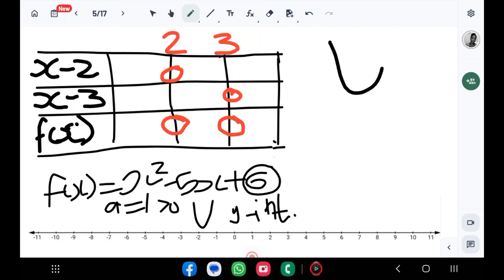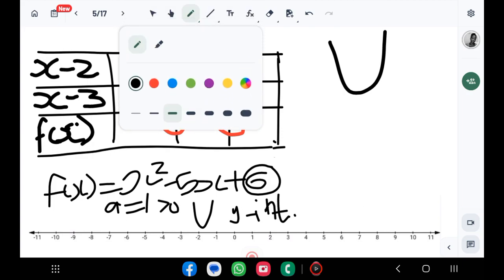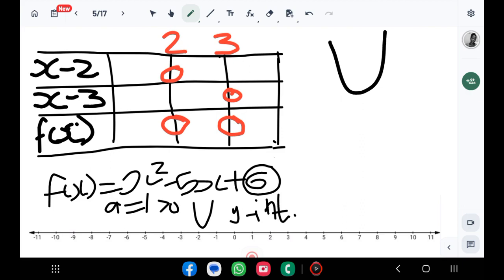It will have two roots. One on the left-hand side will be 2, and the other one is 3.